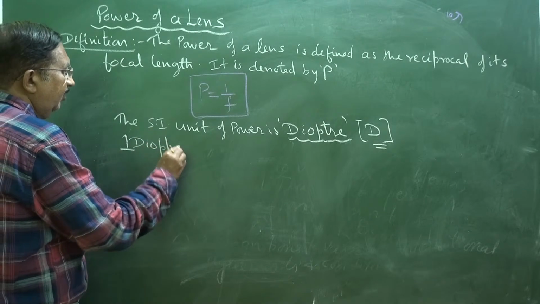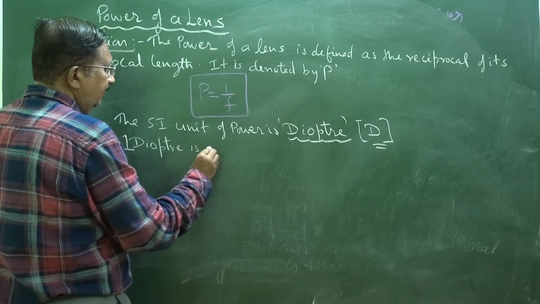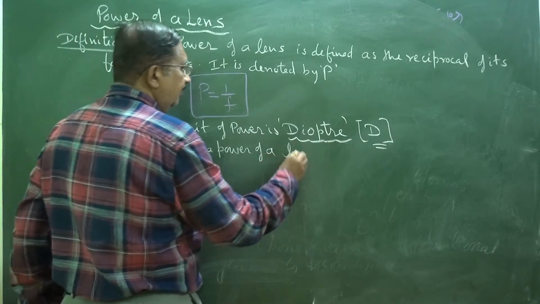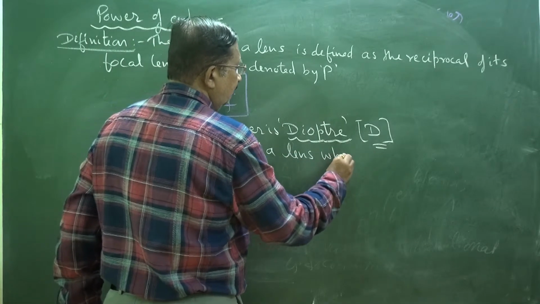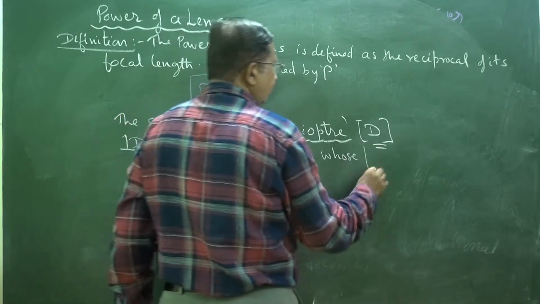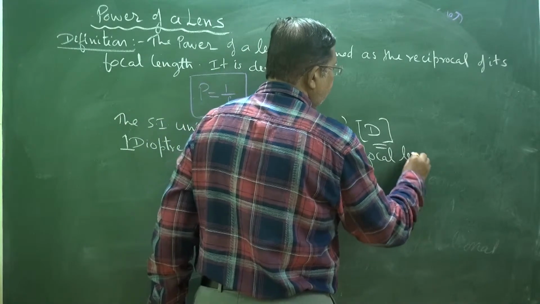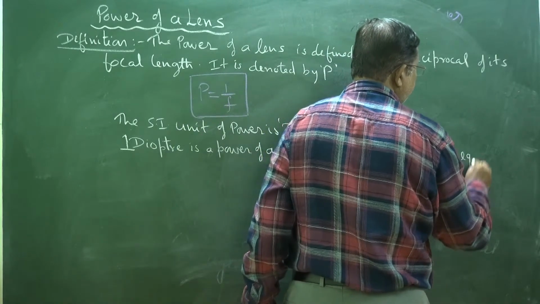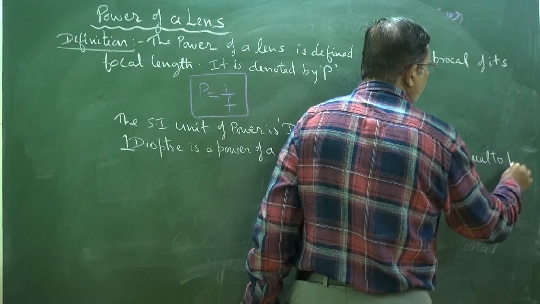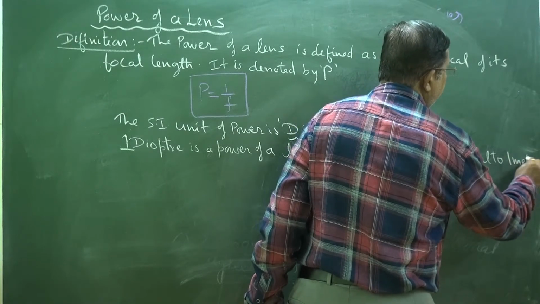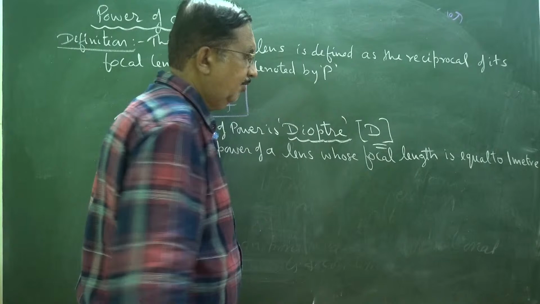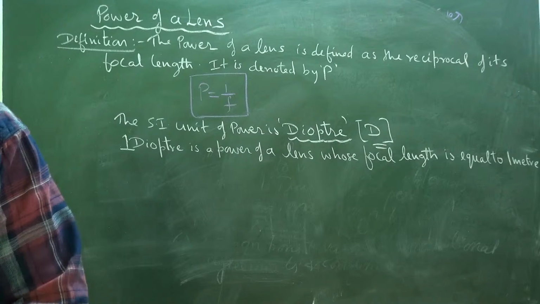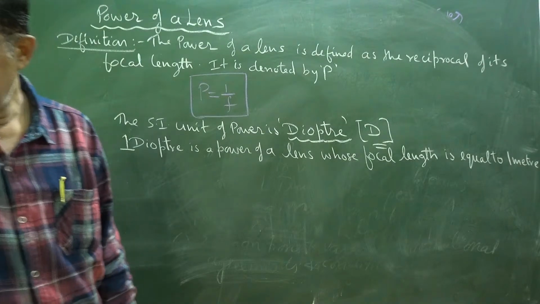Take down this: one diopter is a power of a lens whose focal length is equal to 1 meter.